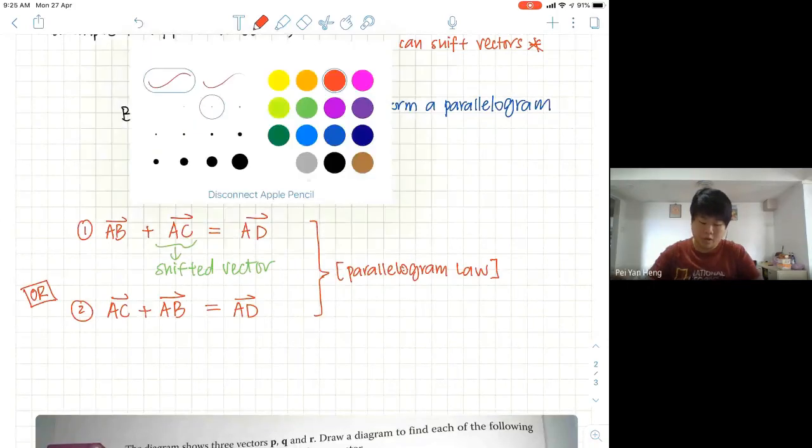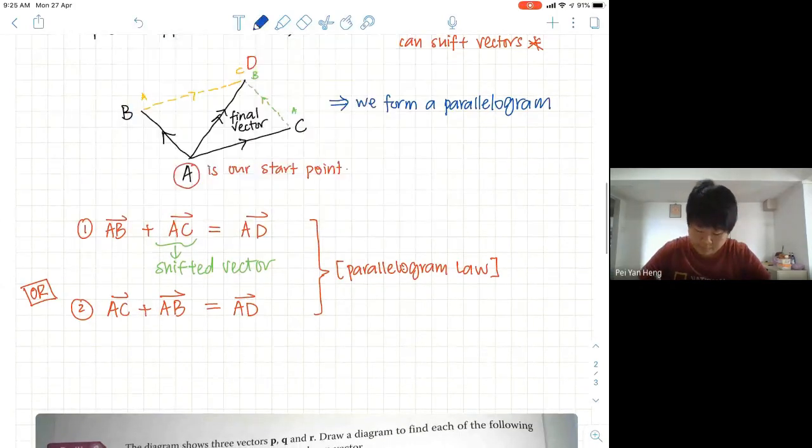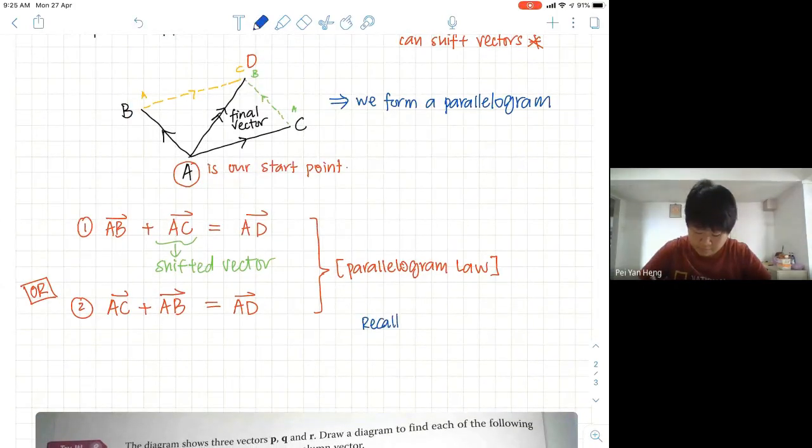Okay, also recall that a vector we can indicate using a letter.